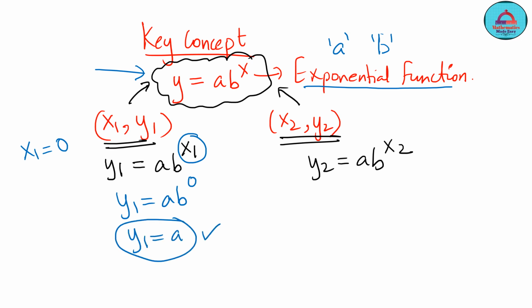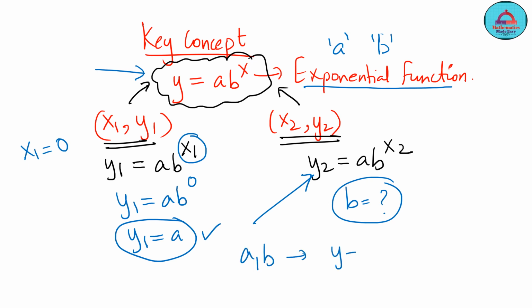So once you get your value of a, you will plug it in the second equation and get your value of b. And once you get both the values a and b, put them back in the original equation y equal to a multiplied with b to the power x, and give your final answer. So this is your key concept. This is the methodology, the logic behind solving questions 44 to 52 on page 231.